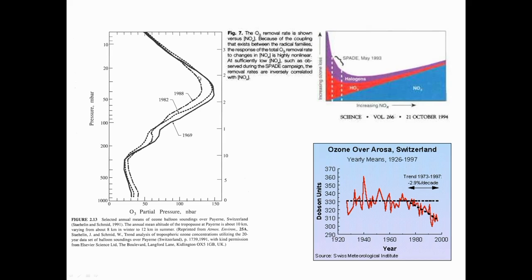So this was a stratospheric profile, not taken over the polar ozone layer, but this was above Switzerland. And you can see that this is the sort of trend, minus 2.9% per decade. So the ozone, the stratospheric ozone, was being depleted in a worldwide sense, not just over the polar vortex. This was reported in 1994.